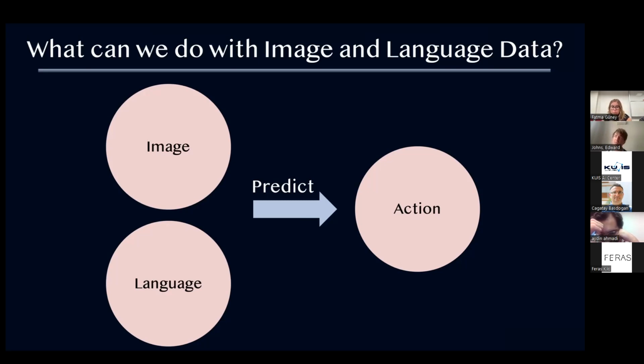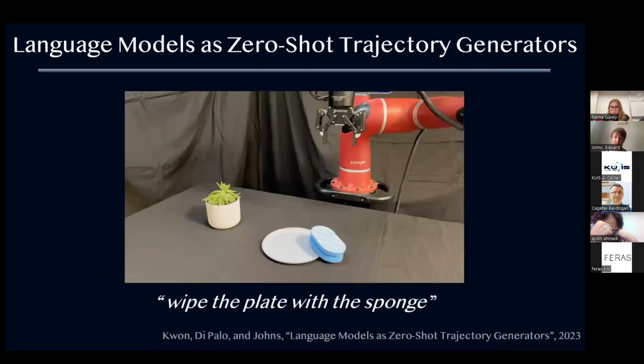Really what we did in this project is we wanted to see what we can do with just using GPT-4 in order to directly predict dense trajectories of robot arms solving tasks. Here's an example. Let's say the task is wipe the plate with the sponge.